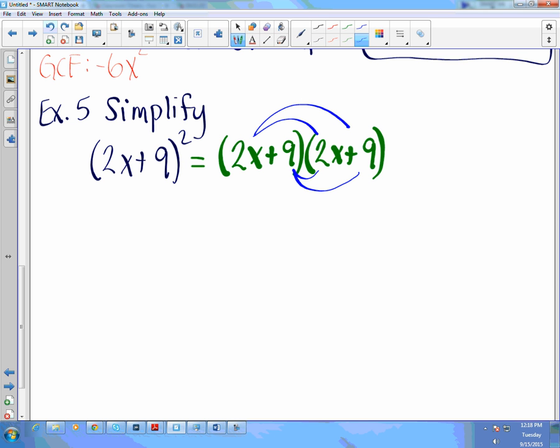Okay, now we have like terms, right? And this guy, 2x times 2x, what's x times x? Yeah, this one is a square. So 36x is not squared, and then it's good.